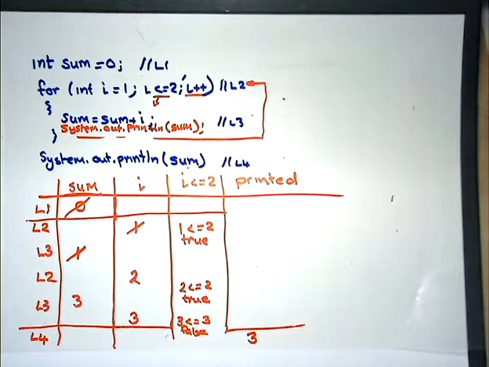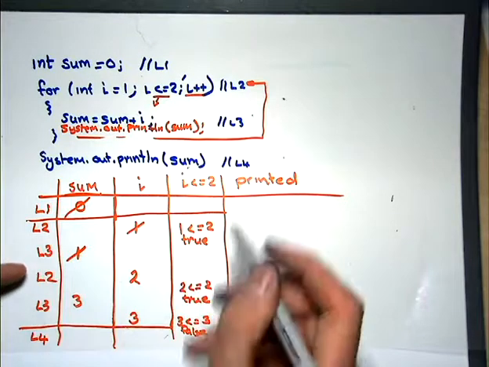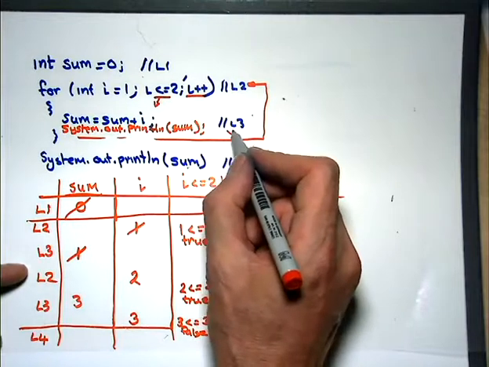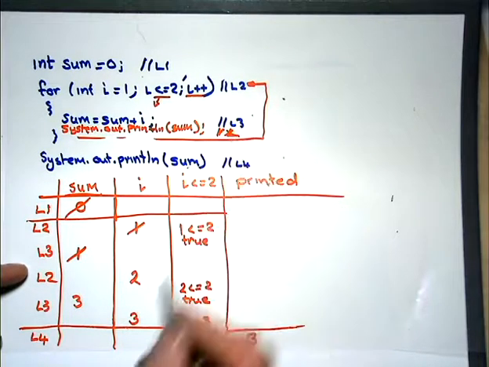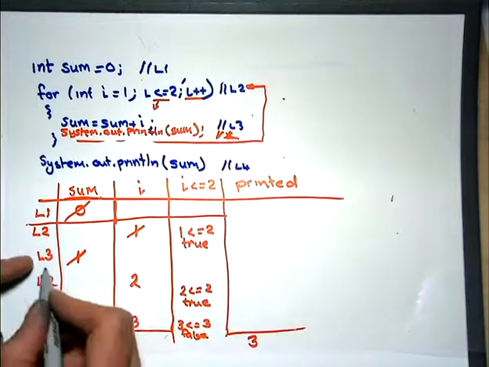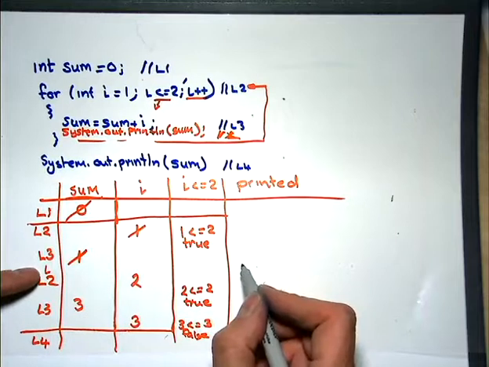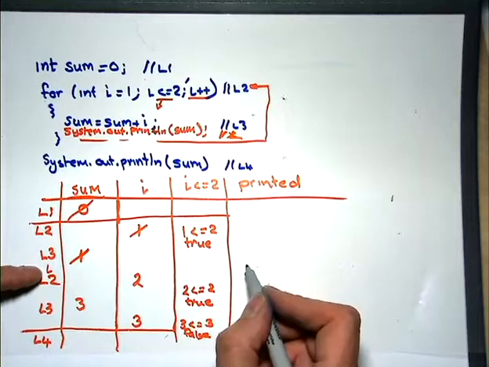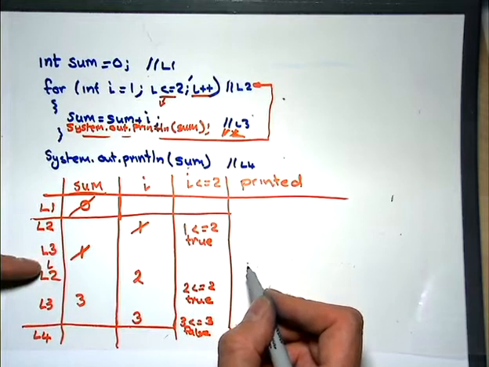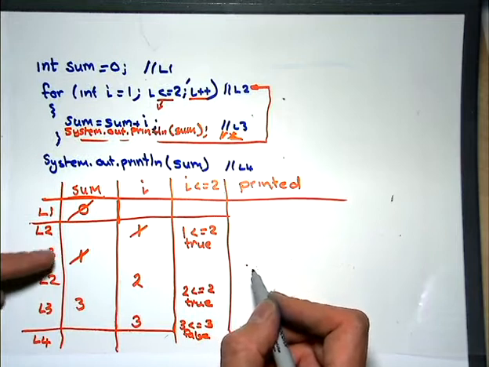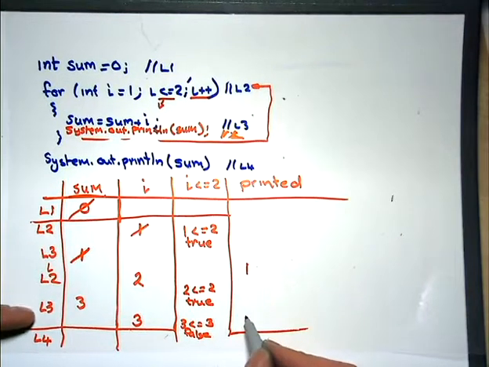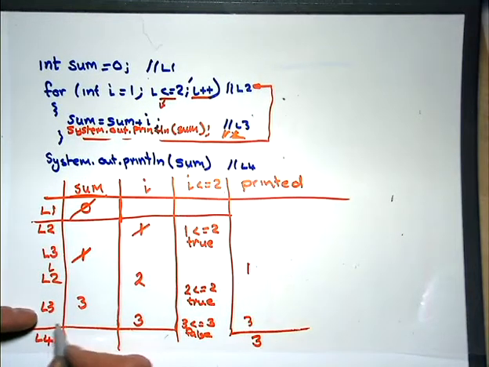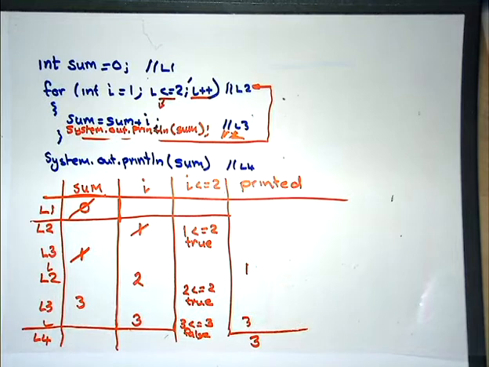Well, no. What we would be doing is that line, let's call it L. Every time we've done L3, we would do this other line, and that would print out the current value of sum. And so what's the current value of sum when we get to it the first time? It's actually 1, and then when we get to it the second time, it's actually 3. So if I got that right, it would print 1, 3, and then 3 outside the loop.